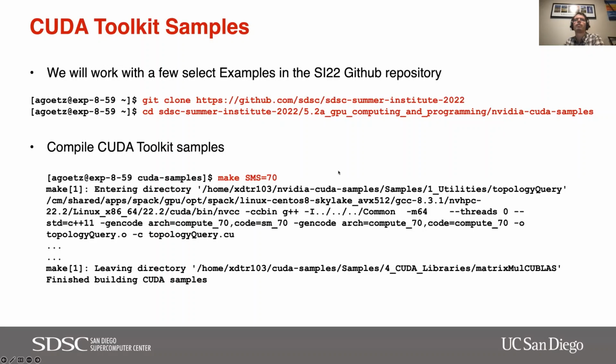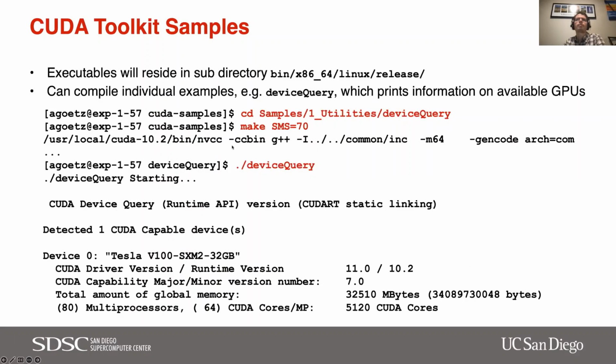Those have select NVIDIA CUDA samples, and either you can compile them all if you go into that directory, with the option SMS equals 70, which is 7.0, the architecture of the V100 GPUs. Or you go into specific example subdirectories, and there is a device query example, which is very interesting because it queries information about the GPU.